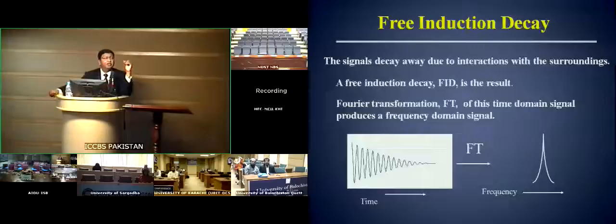Excess की बात कर रहे हैं. This is because only the excess would absorb. Remember, the excess is a net absorption. The difference in population between the alpha state and the beta state is the species which absorb and go to the higher state.